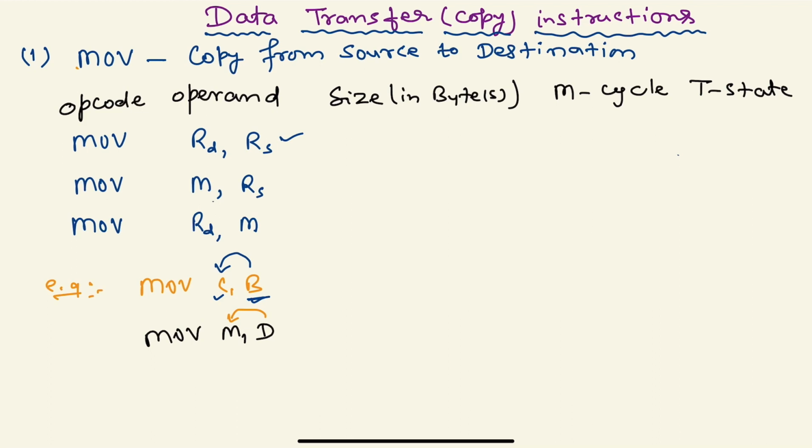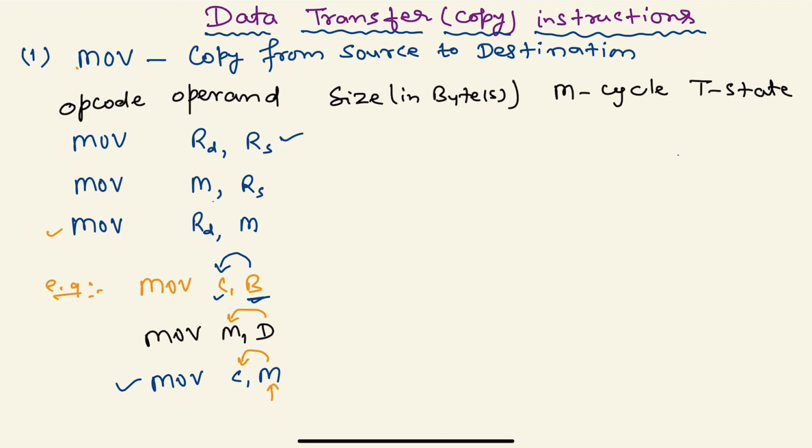The next variation of this MOV instruction is MOV C, M. In this case, the instruction will copy the data from the memory location pointed to by the HL register pair and store it into the C register. Here C is a processor register, but M is outside of the processor, which is called memory.